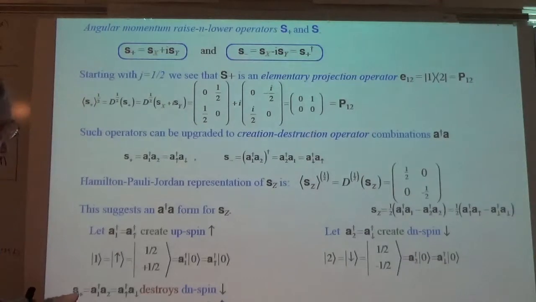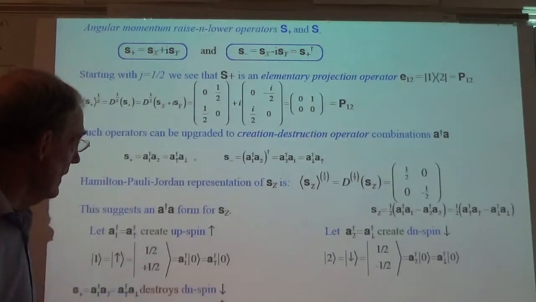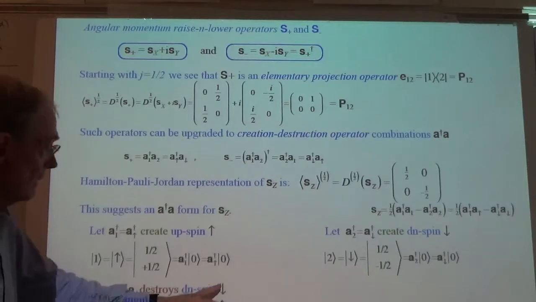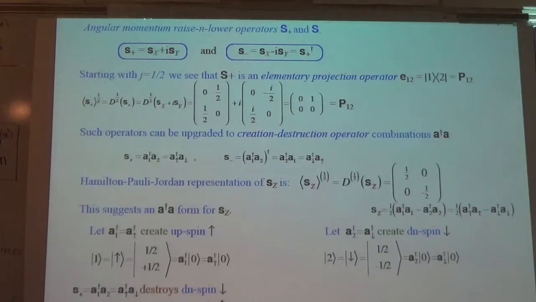So this guy right here destroys a downspin and creates an upspin. See, there's the destroyer of the downspin, there's the creator of the upspin. Basically the destroyer of the 2 and the creator of the 1, where we were just numbering them 1 and 2 without any physical embellishment like you do with these spin up and spin downs.